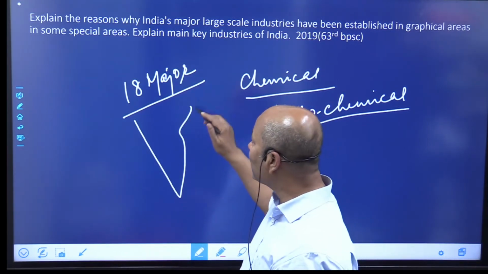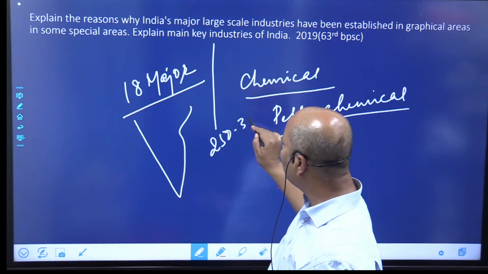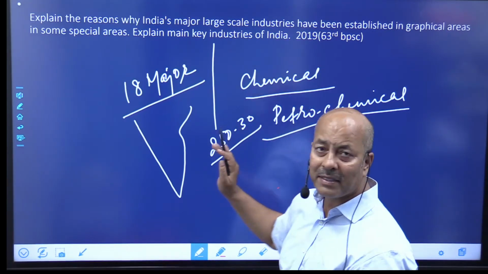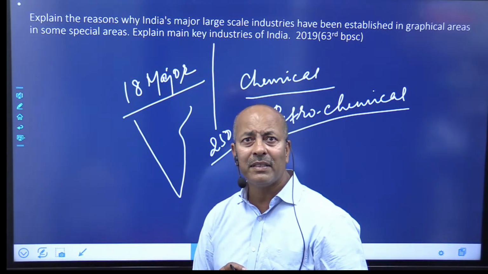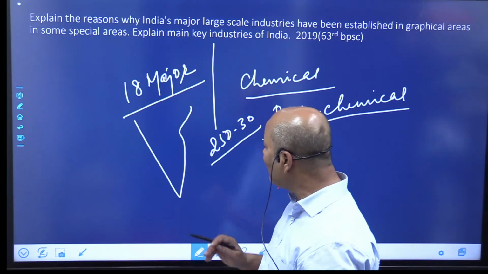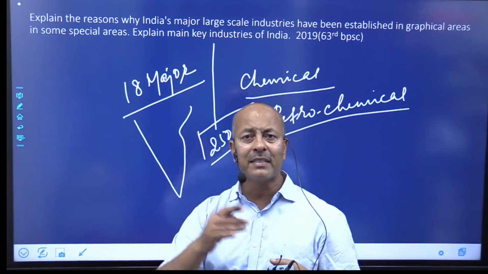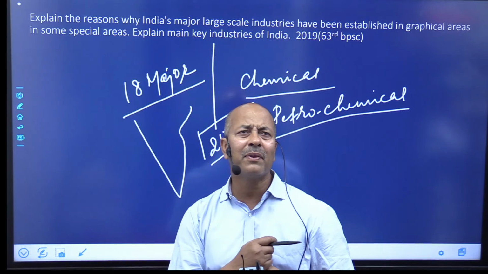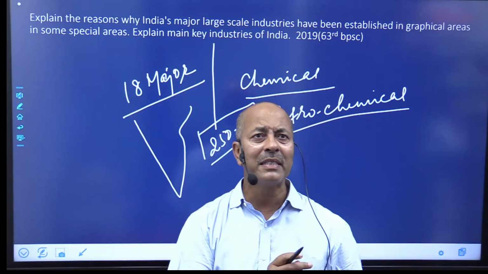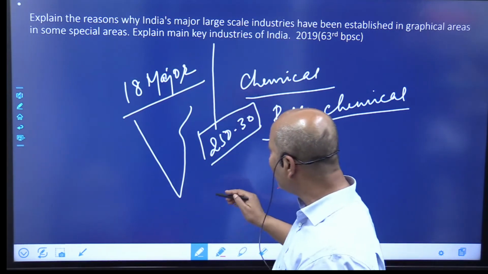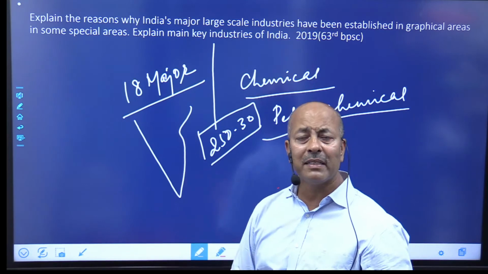This is a lengthy section, but we have to use around 250 to 300 words for different sections. Suppose we have used oil refinery. So in the introduction of every section, use 20-25 words for location purposes, because this is purely related to location. The second thing, do use a map for the location of some of the industries.